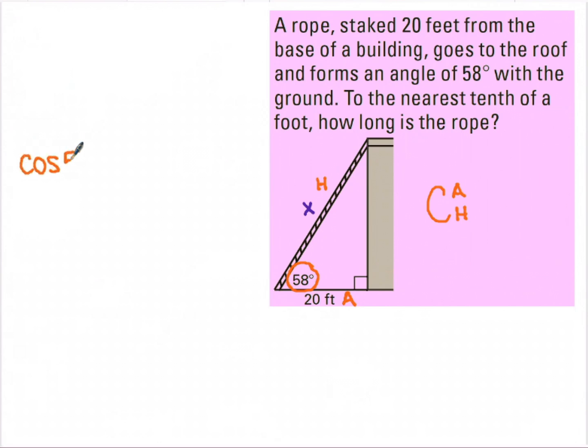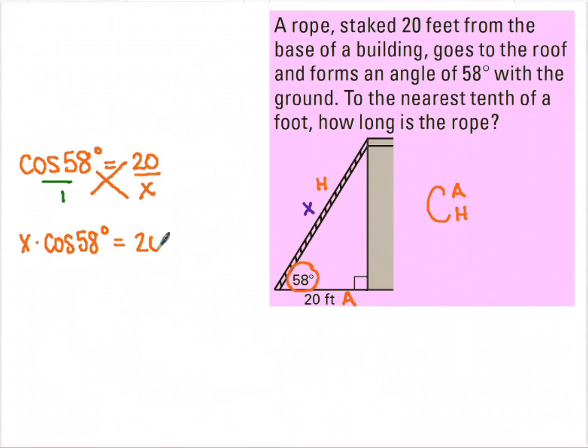Cosine of 58 degrees is equal to A over H, 20 over X. And then we just have to solve. We'll take the cosine 58 times X, set that equal to the 20 times 1.